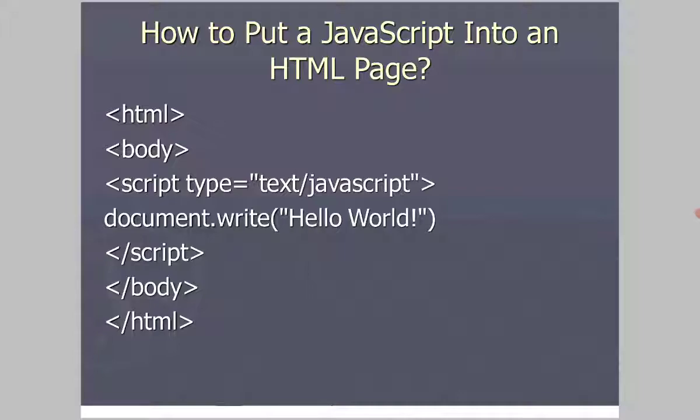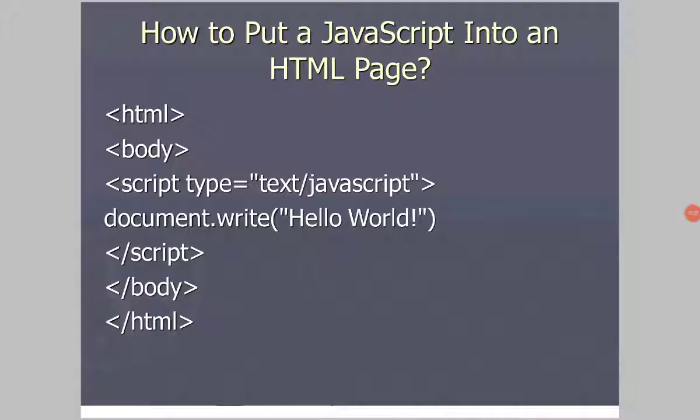The syntax is HTML, body, script, then /script, /body, /HTML. Here we may use document.write within quotes, Hello World. So document.write is one of the simple input output functions in JavaScript. It is generally a print statement, or output statement.